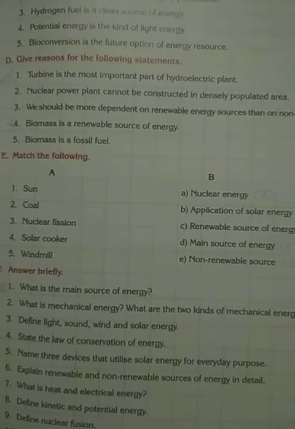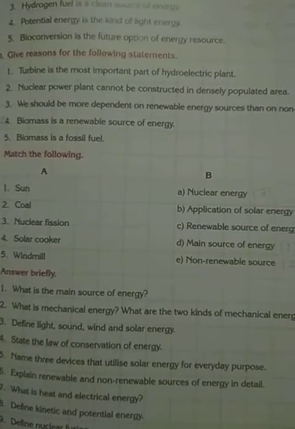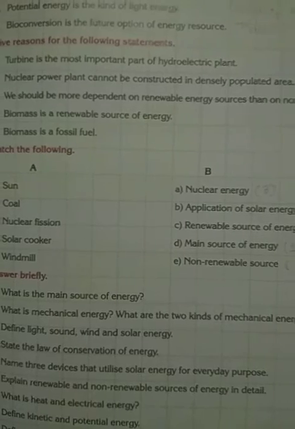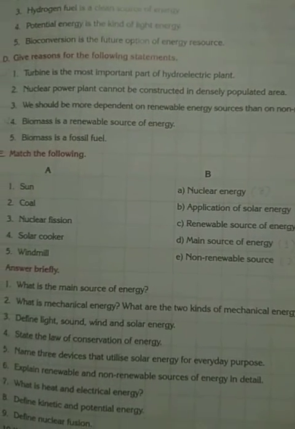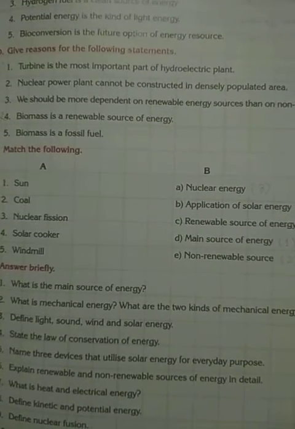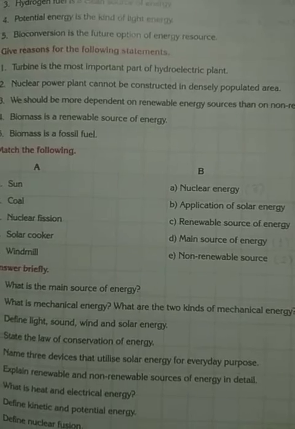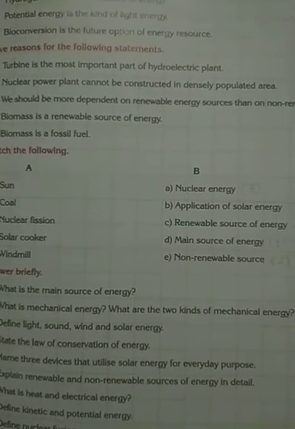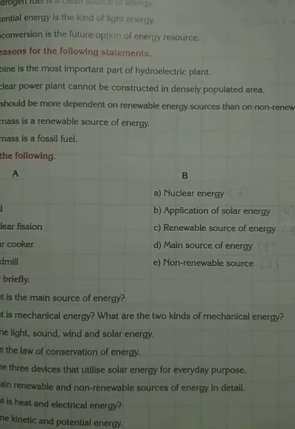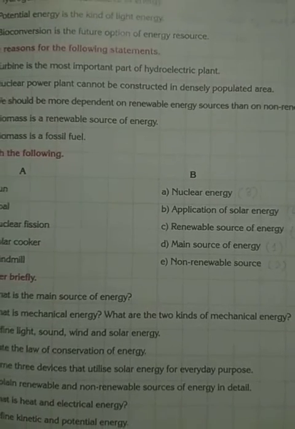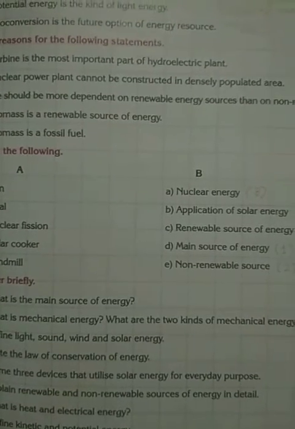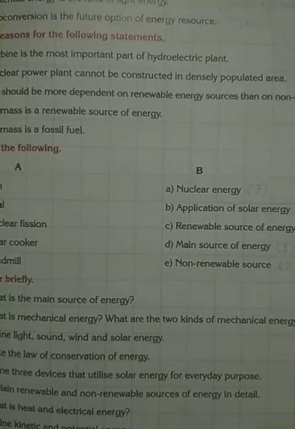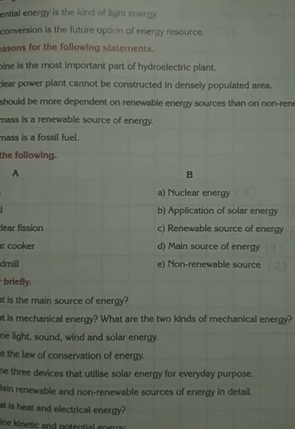Like D1 question: turbine is the most important part of a hydroelectric plant. You have to know what a hydroelectric plant is. Hydroelectric plant means where the force of the water is utilized to produce electricity. What is the procedure there?